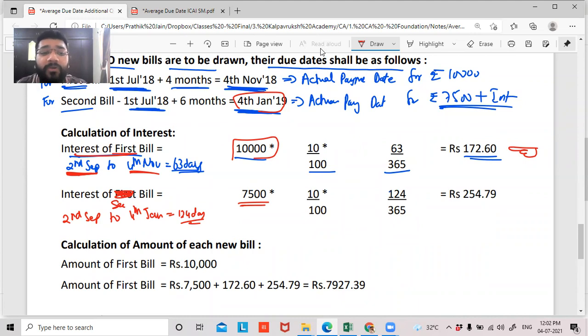September has got total 30 days. 30 minus 2, so 28 days of September, October 31, November 30, December 31, and Jan 4. So there's a delay of 124 days. So 7,500 into 10 by 100 into 124 divided by 365. If you do, you'll get the interest for the 7,500 rupees.